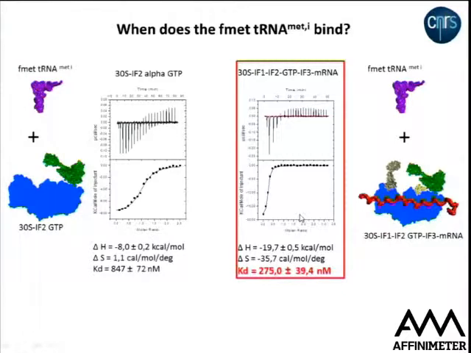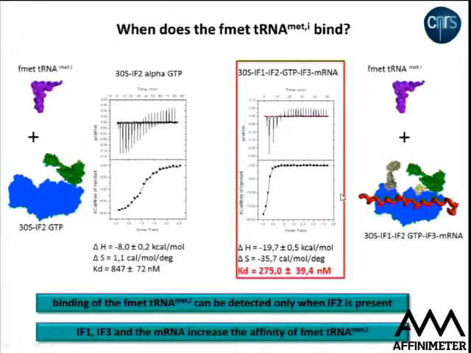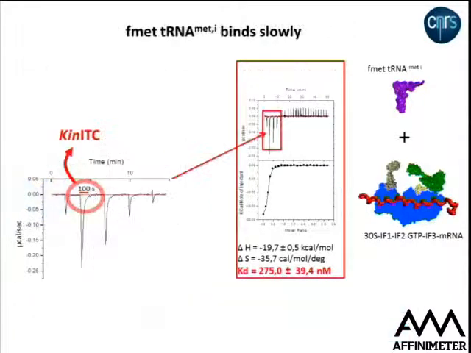So this clearly shows that there is a requirement of the presence of all factors on the ribosome for the tRNA to bind, and also to increase the affinity. And if you look at these injection curves, you can see again a broadening of these injection curves, which is clearly the signature of a slow kinetics of binding.